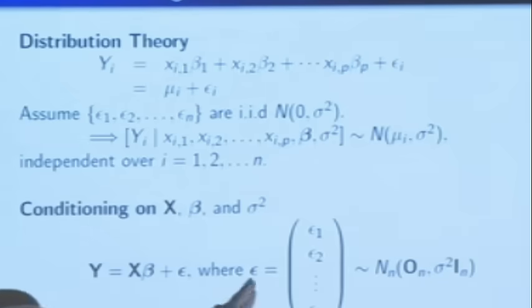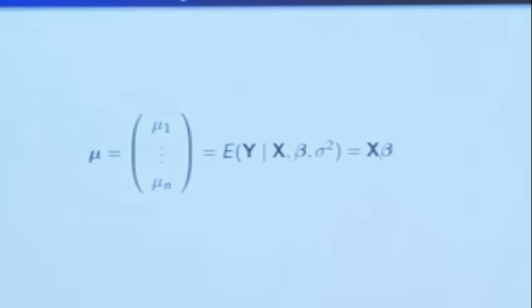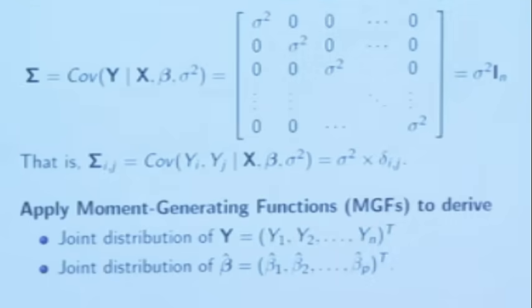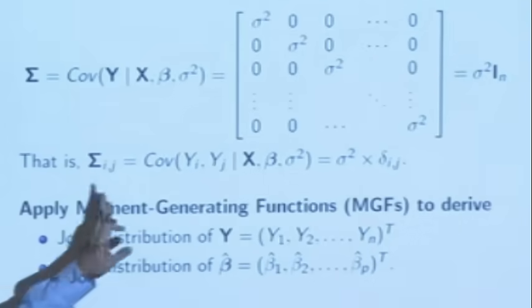So this multivariate normal random vector has, okay, here I'm just defining the mu vector for the means of the n cases of the data. And the covariance matrix, Sigma, is this diagonal matrix.